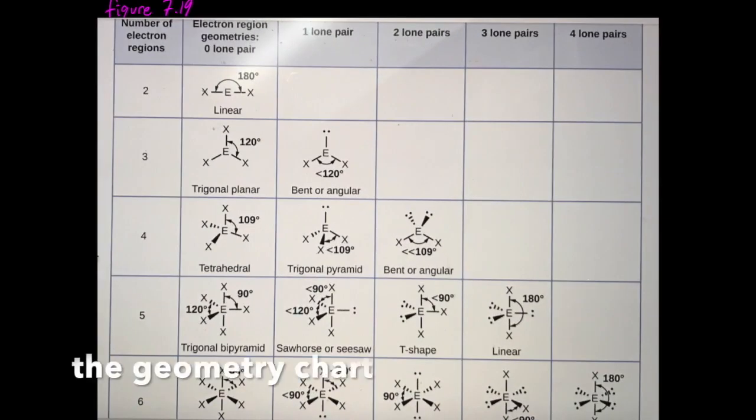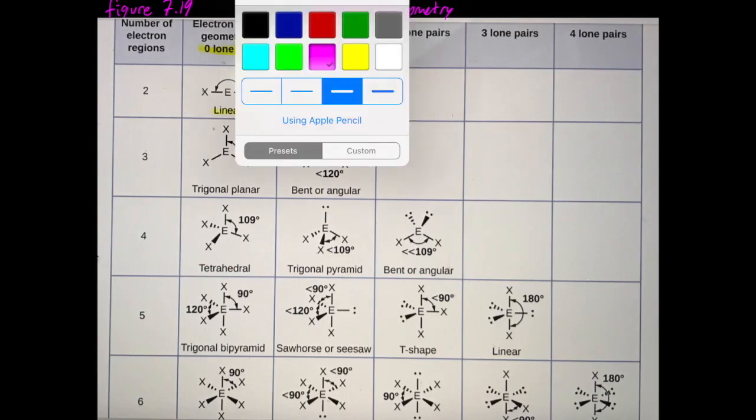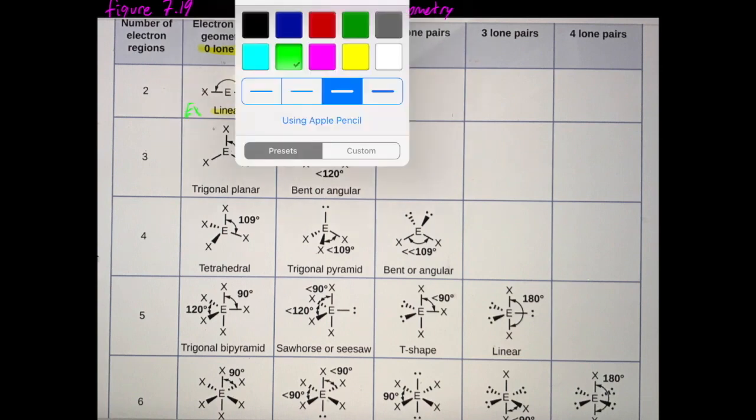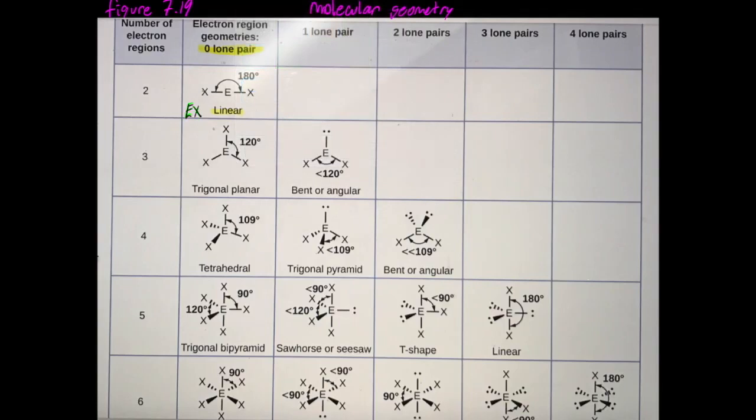In figure 7.19 in your OpenStax chemistry textbook, it gives you now a more complete picture of the molecular geometries. Here we're still talking about molecular geometry. We've talked already about what these molecules look like when they have 0 lone pairs. They have simple names. If you have 2 things attached, it's called linear, with a basic designation of EX2.